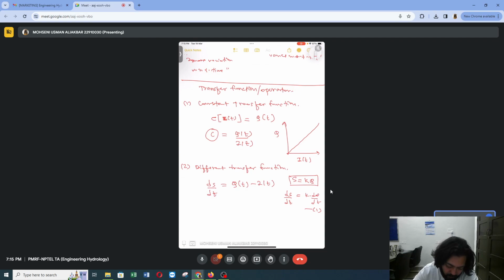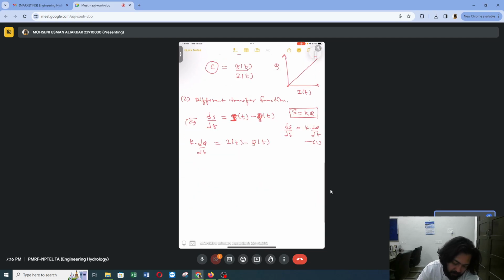And we can also write this as inflow minus outflow. Now we are going to substitute equation 1 in equation 2. So what we will get is k dQ by dt equals I(t) minus Q(t), right? Now we keep the discharge term, the outlet term, on the same side.